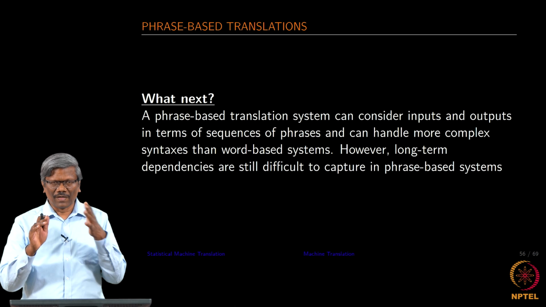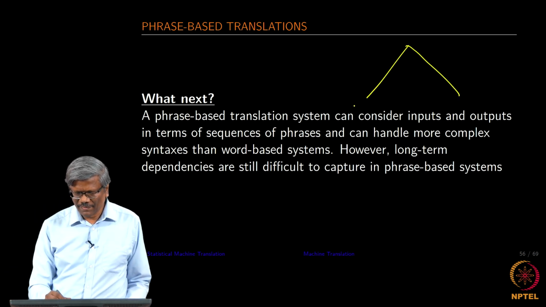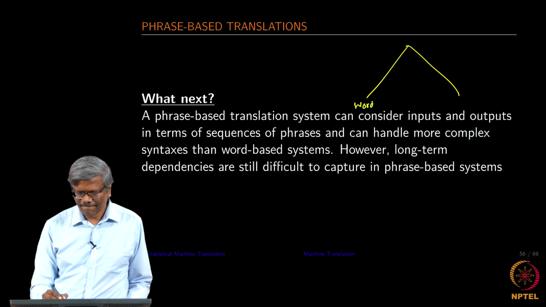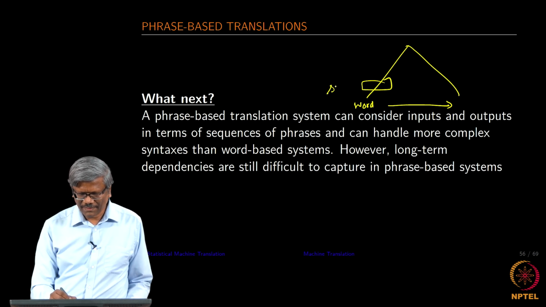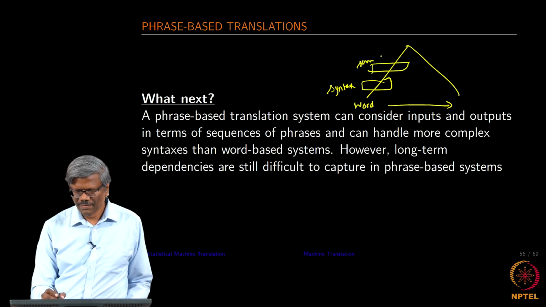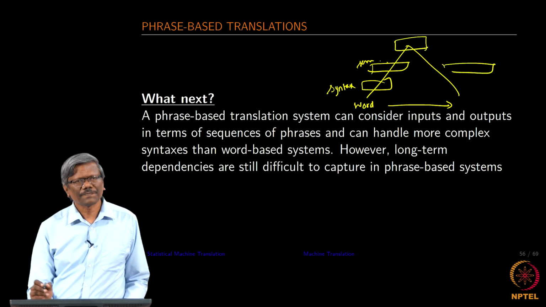In the triangle, I am sure you remember that, right. We start with the word to word, and then we have the syntax, and then we have semantics, okay, and so on, right.